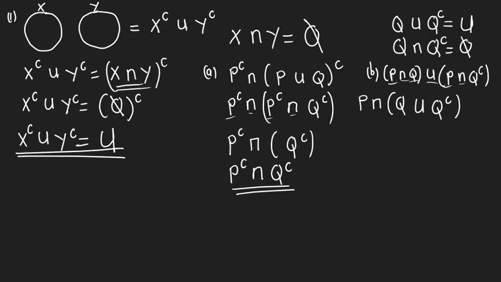So P intersection, this is the universal set. Always know that. Then P intersecting with the universal set is going to be P as a set. That is the simplest form of this particular question. We go to C.